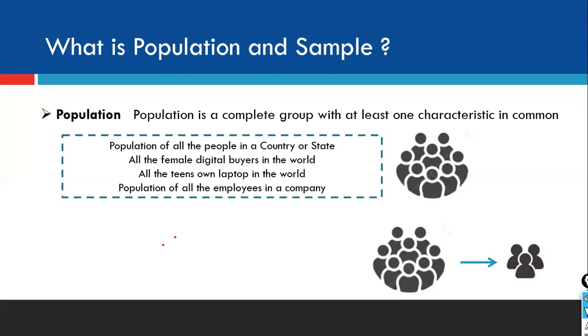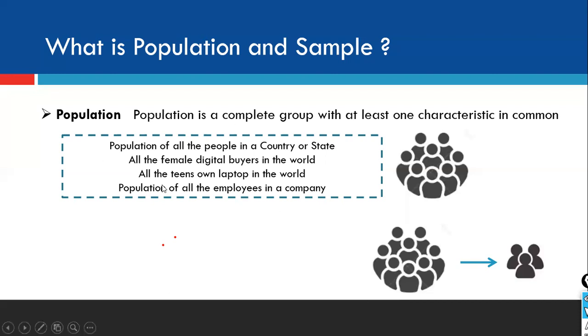So you need to make sure that your population consists of the mobile phone users. But it would not be possible or practical to contact every individual who purchased a mobile phone. So instead, the company might select a sample of the population.